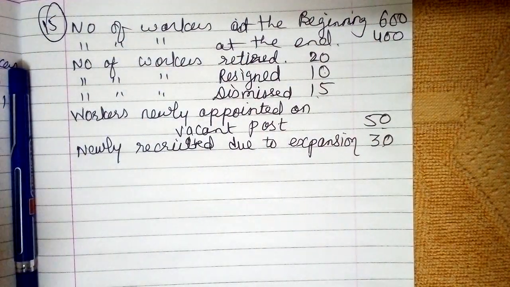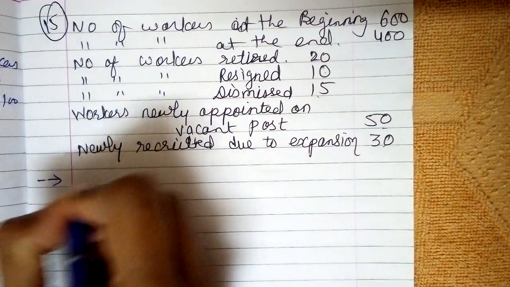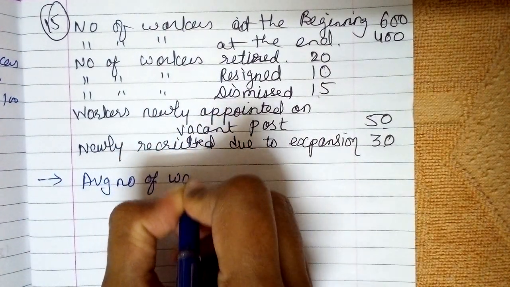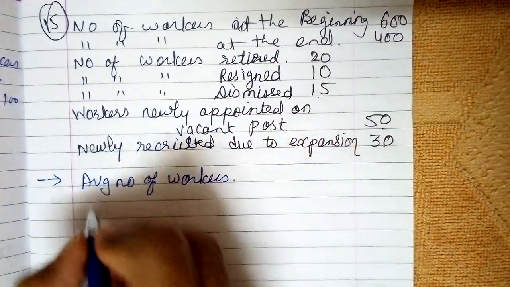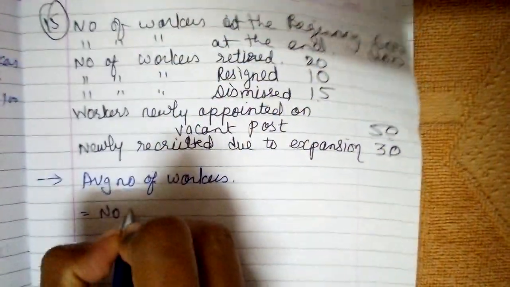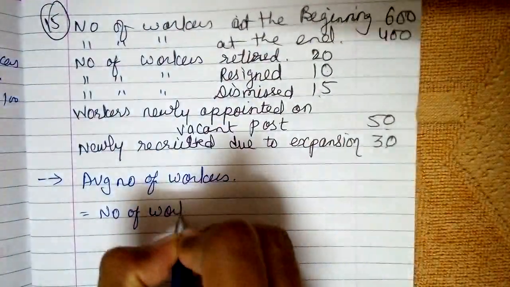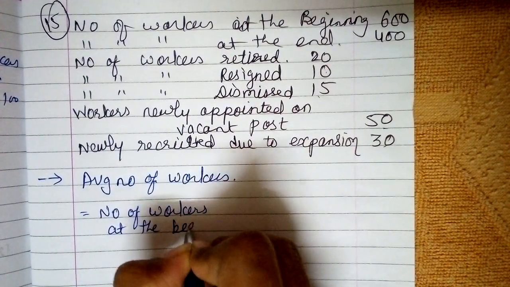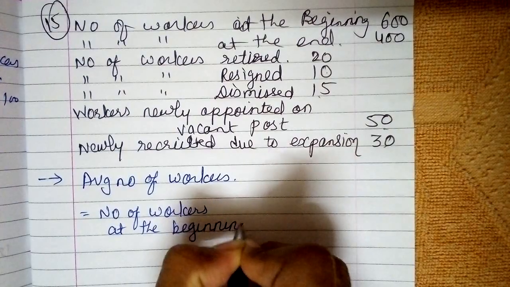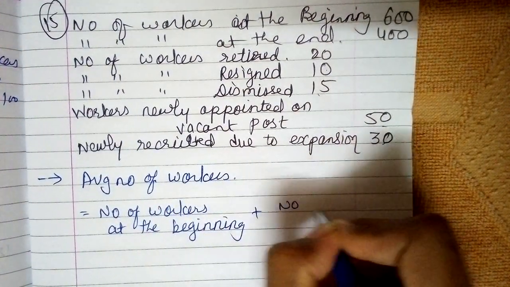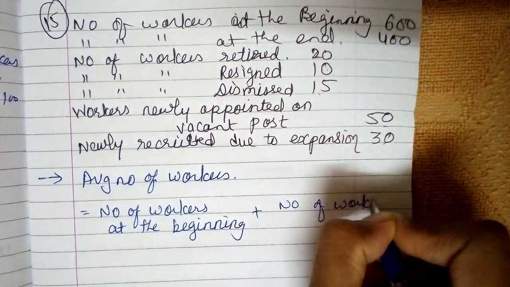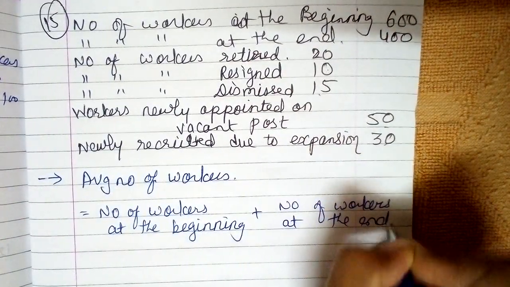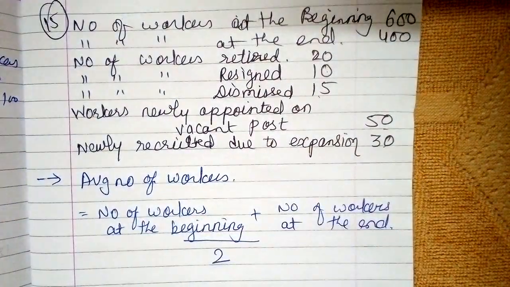So let us calculate the average number of workers first. So formula, number of workers at the beginning plus number of workers at the end divided by 2.